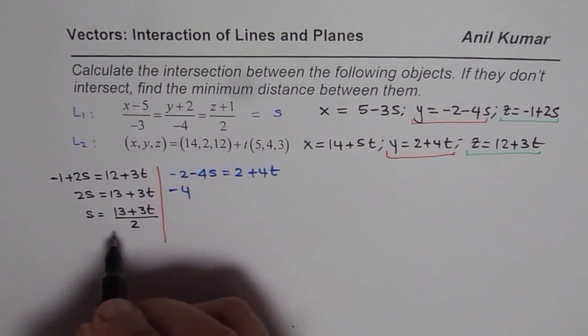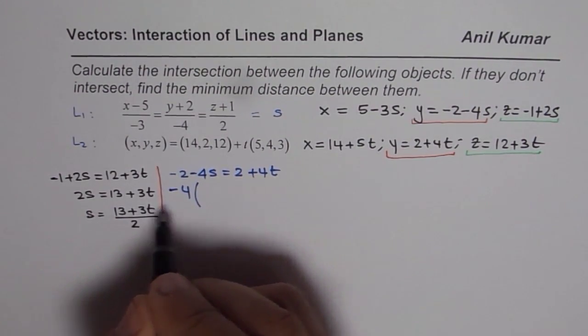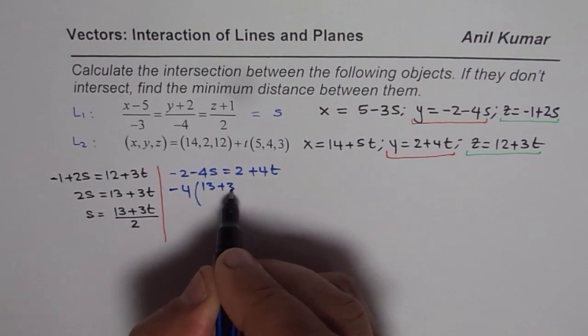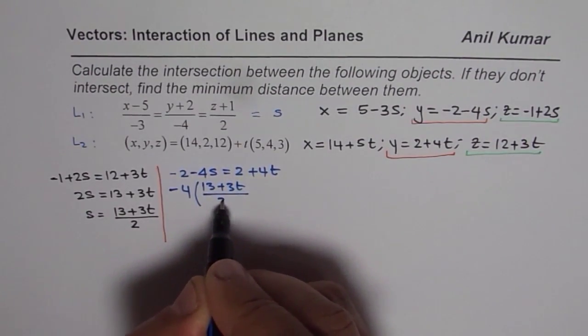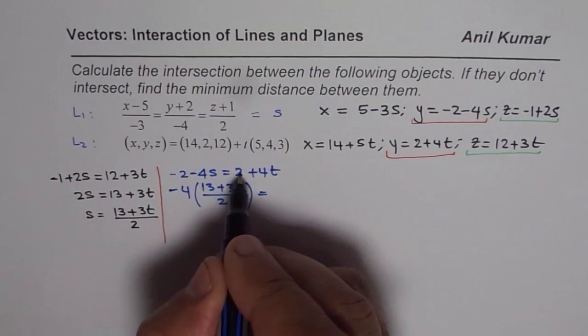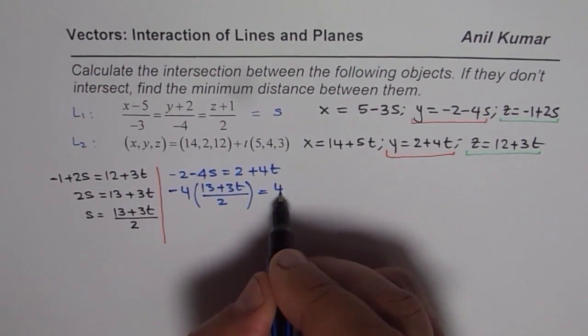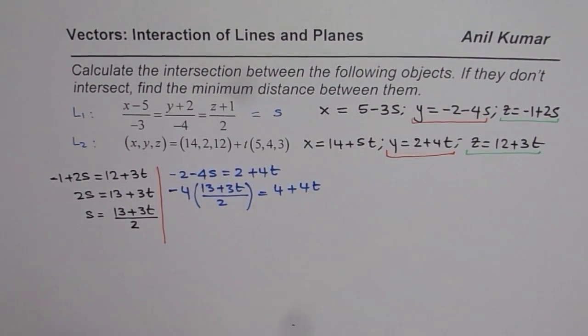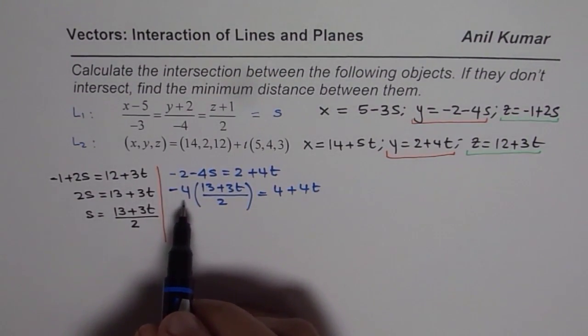Instead of s, I will write (13 plus 3t) over 2. This is what I've done for s, and I'm taking this 2 to the other side, so it becomes 4 plus 4t. Now we can simplify this.